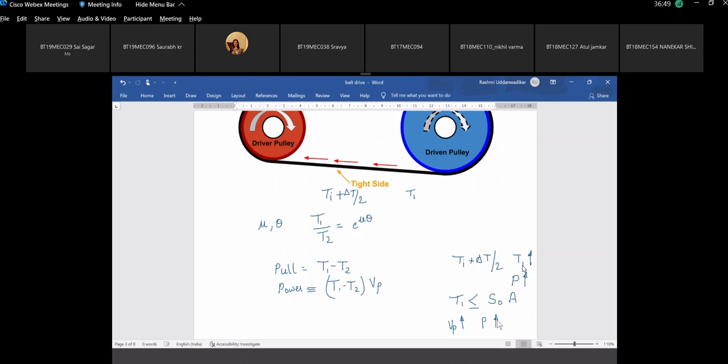Would that slip because of increase in the peripheral velocity? That is a secondary reason. What is the primary reason? Fluttering of belt. Okay. What else?